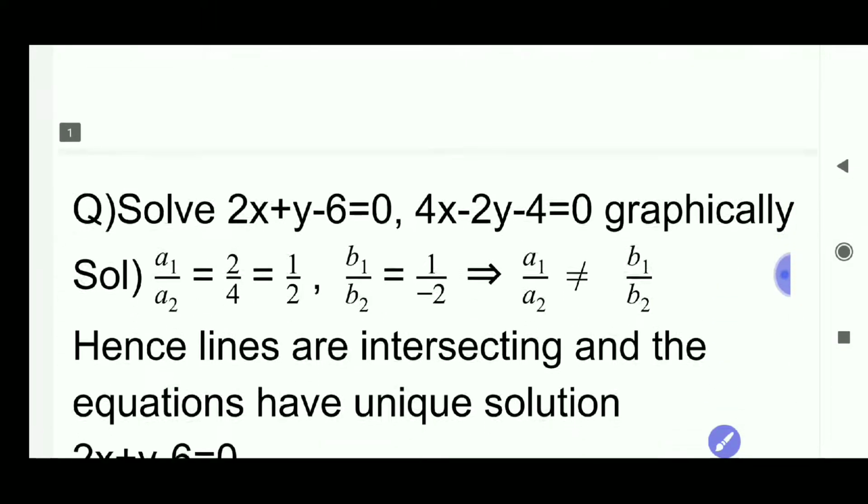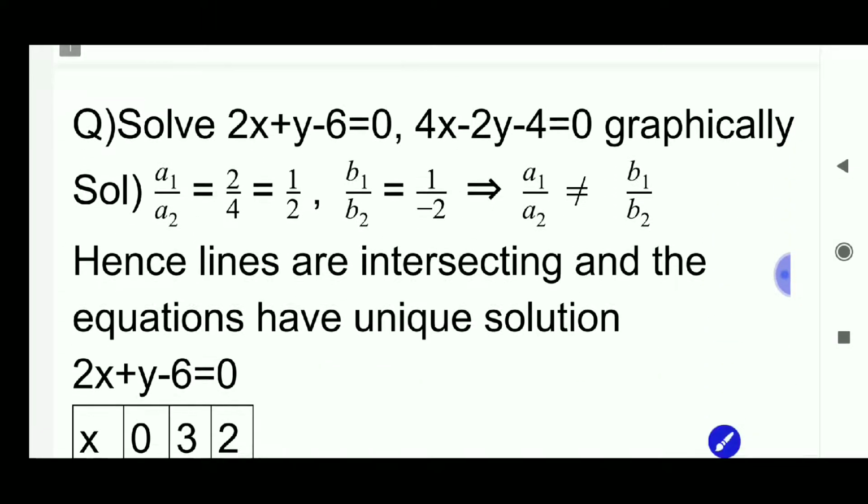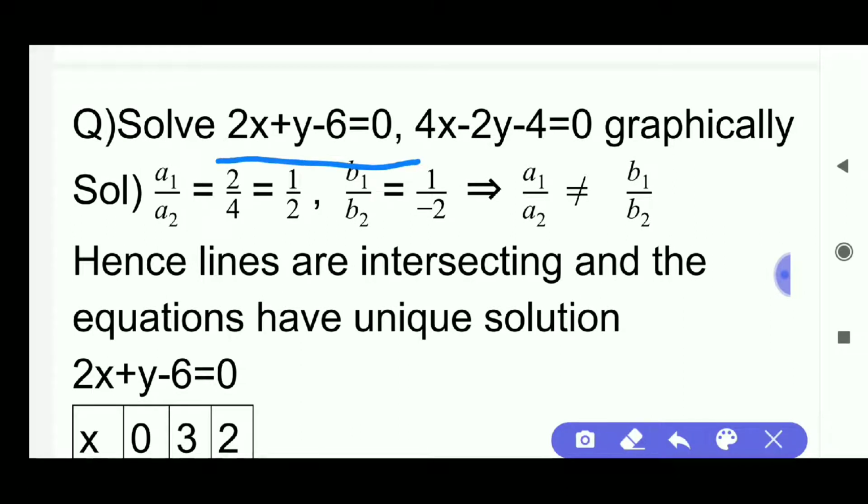Now let us go to one question. Solve 2x plus y minus 6 is equal to 0, 4x minus 2y minus 4 is equal to 0 graphically. Here a1 is 2 and a2 is 4.